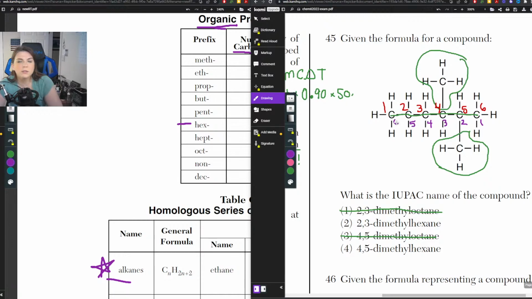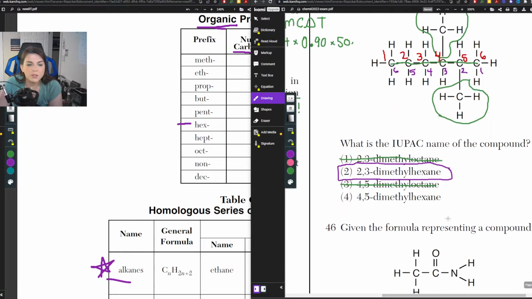Like if it were a hand, you might be looking at the knuckles while I look at the palm, but then if we spin it around, we want the thumb to be at the same spot. So we number it in both directions to make sure we're looking at it correctly. The purple is going to be the correct answer. This is a 2-methyl, and that's a 3-methyl, and because I have 2 methyls in total, that gives us the di in dimethyl. 2,3-dimethylhexane.